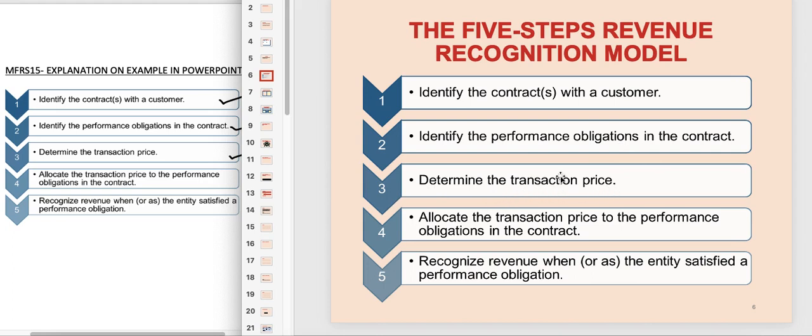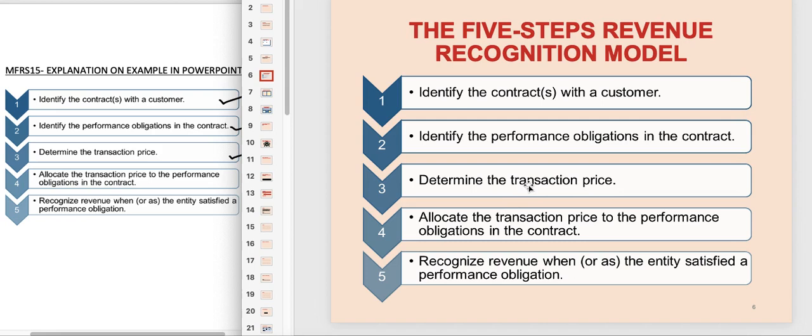Basically under the contract, the price is normally not necessarily fixed. It can be fixed, it can be variable, or it can be both. Like a normal selling, you normally sell your product at 100 ringgit.